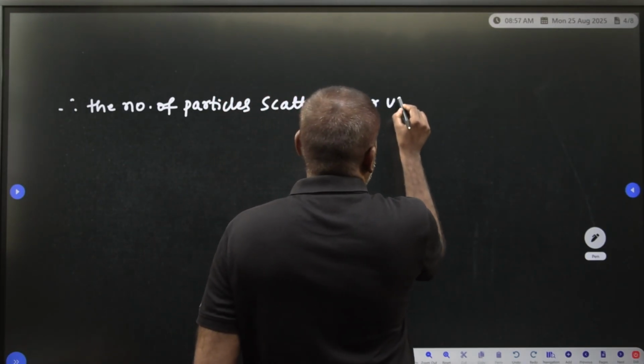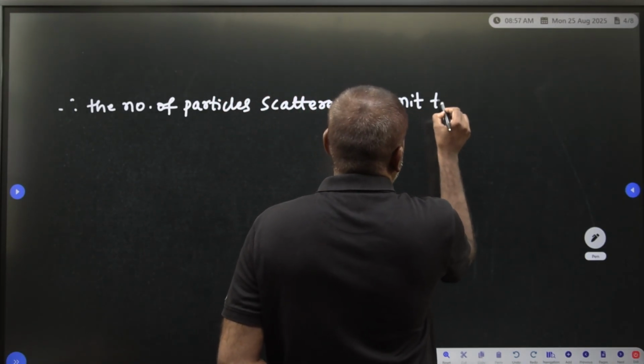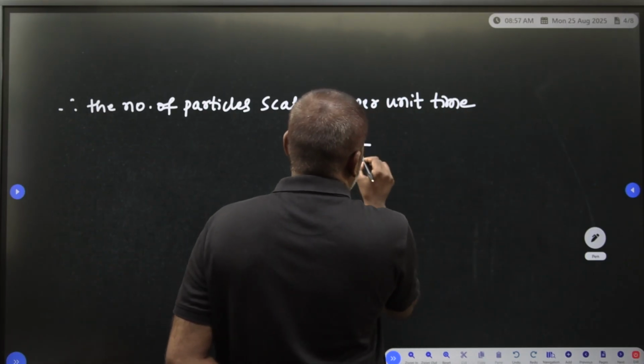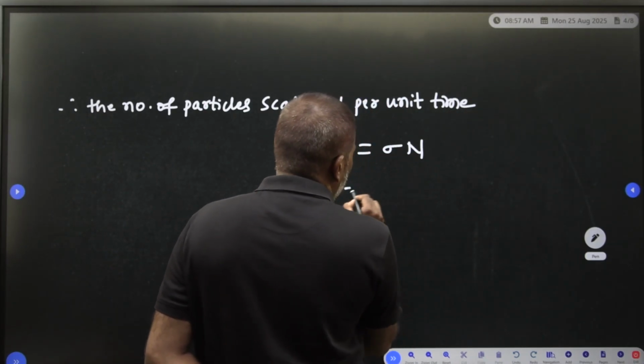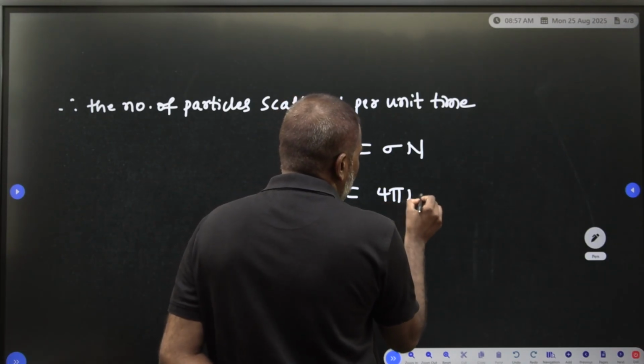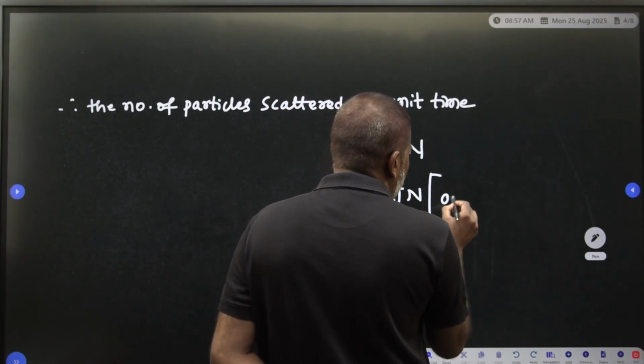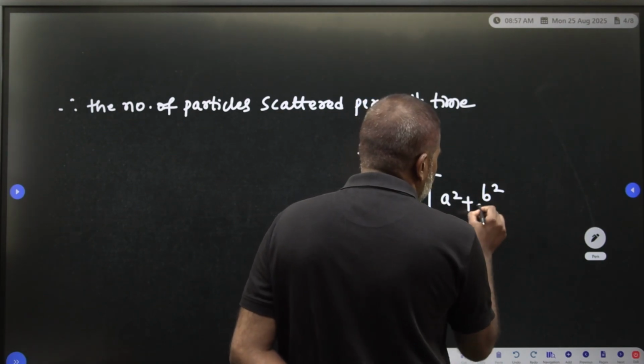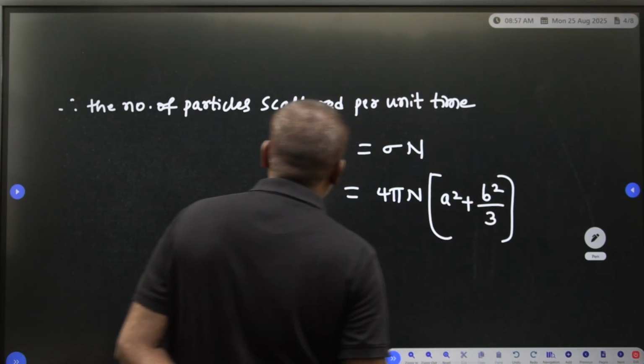The number of particles scattered per unit time is equal to sigma into n. What is your sigma? Your sigma is 45 into n into (a square plus b square) divided by 3, you are going to get.